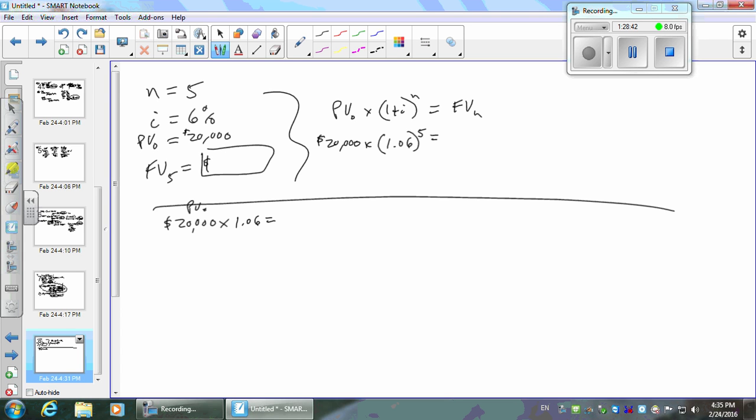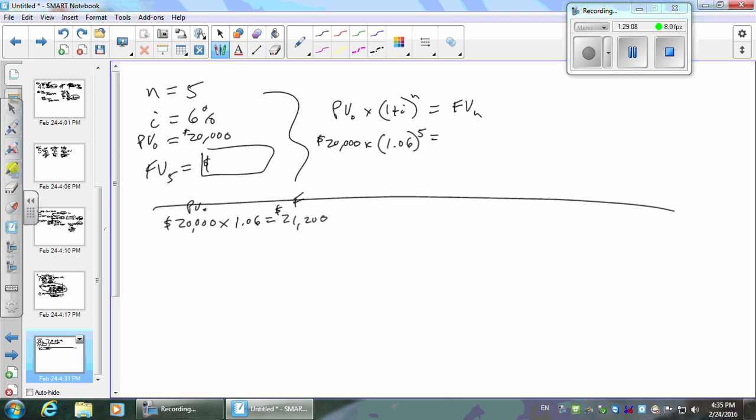What's 20,000 times 1.06? 26,764. 26? That's too much. 1.06, not 1.6, 1.06. 21,200, that sounds better. The interest would only be 1,200. Got to get a 0 in there. 20 times 1.06. Got it? Okay, that looked too much, didn't it?